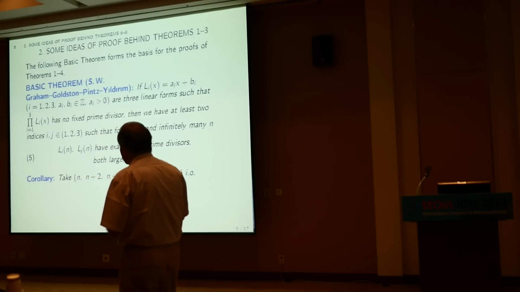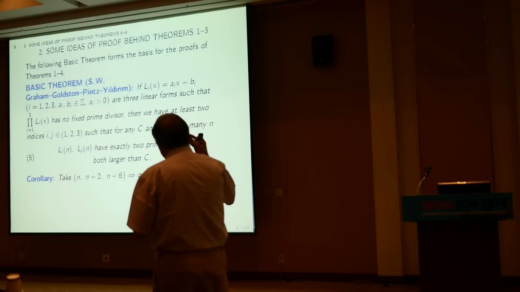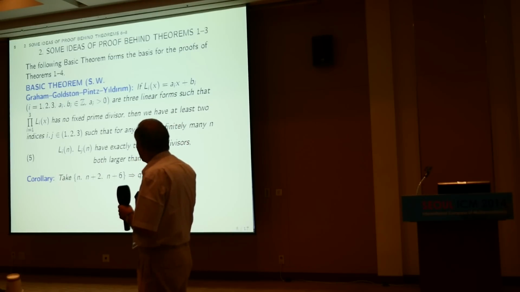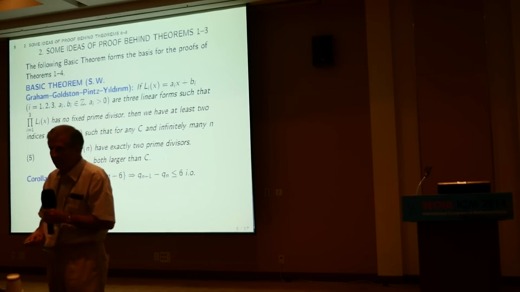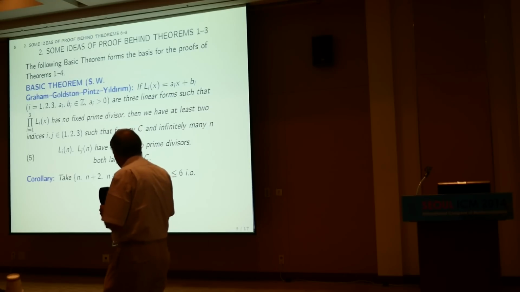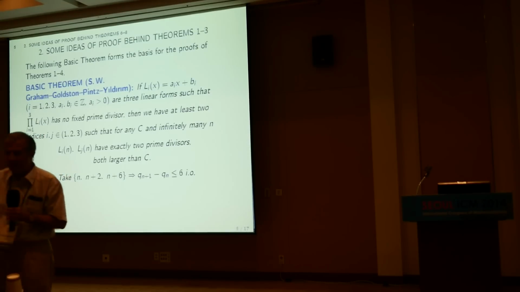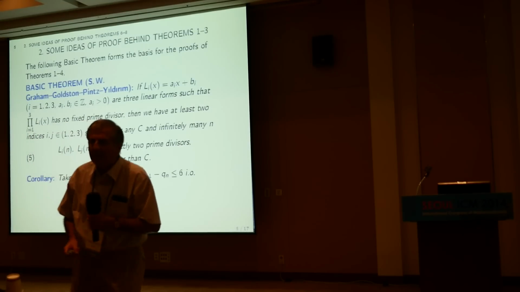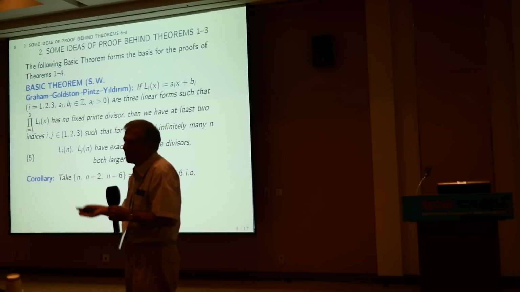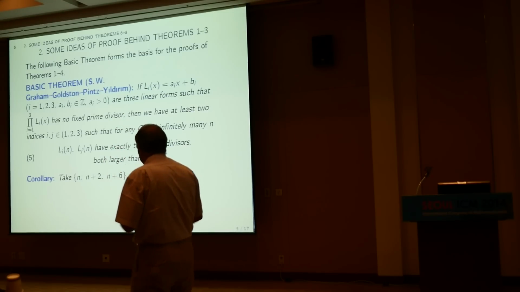But the basic theorem, which is relatively long, maybe 20-30 pages long, is the basic theorem that if we have 3 linear forms so that the product should have no fixed prime divisor, then we have at least 2 of these forms which have exactly 2 prime divisors for infinitely many values of n, and additionally we can prescribe that all of these prime divisors should be larger than an arbitrarily given constant, or even n to epsilon or something like this.